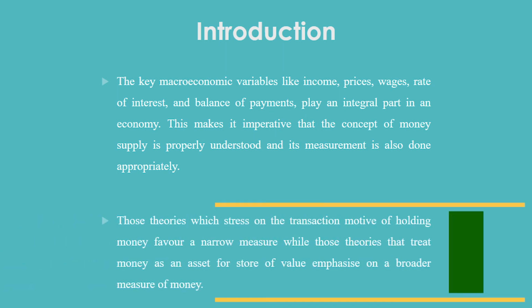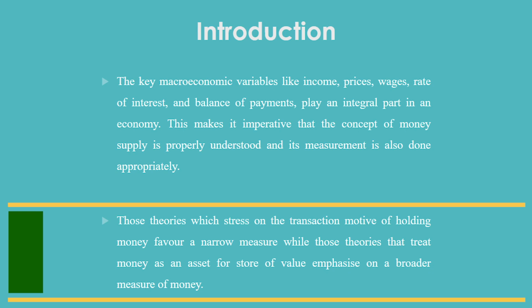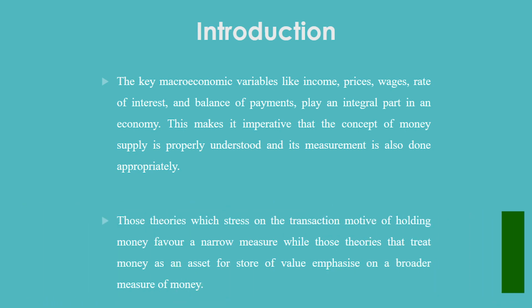Now, there are theories which stress on the transactions motive of holding money, and they generally favor a narrow measure, while there are theories that treat money as an asset for store of value, emphasizing a broader measure of money. The different financial and real assets could be arranged in a descending order with reference to their liquidity.